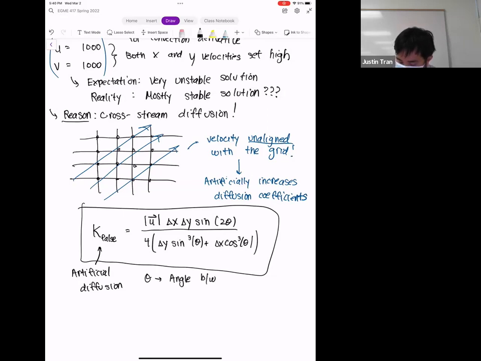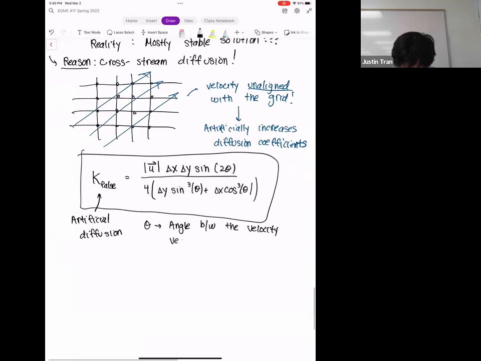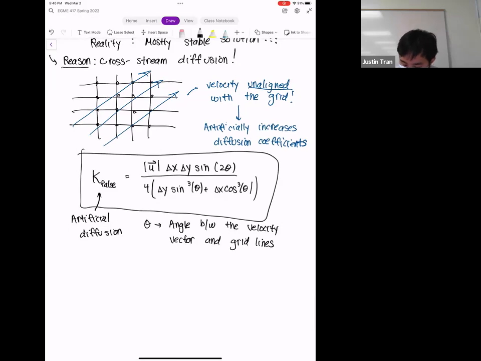between the velocity vector and the grid lines. And so in our case, we have a velocity vector that has 1,000 for the x component, 1,000 for the y component.